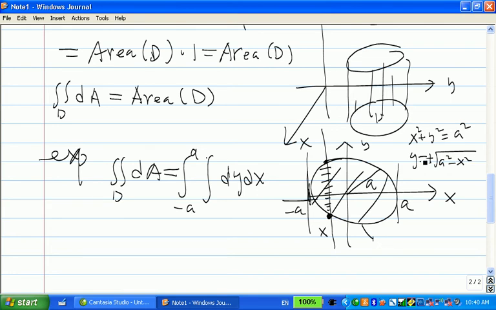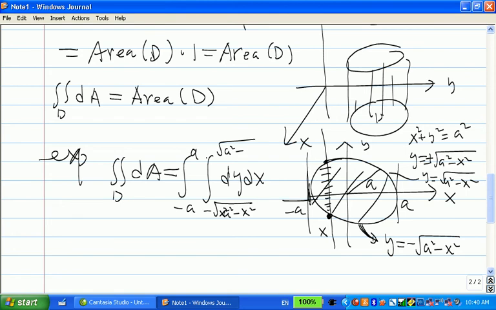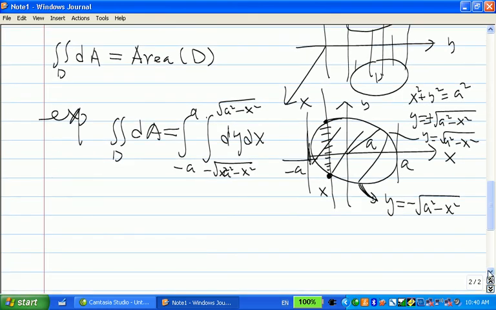If you take the negative sign, you get the formula for the bottom curve, y equal to minus the square root of a squared minus x squared, and this one gives you y equal to the positive square root of a squared minus x squared. Obviously you can integrate that, but it's not easy to do.